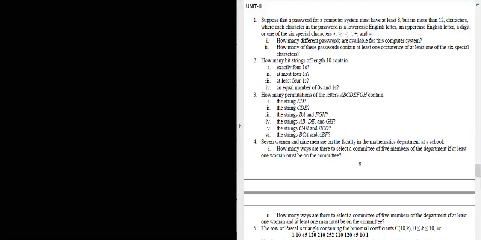Now, in this case, we are supposed to find out the different passwords, but now we have at least 8. So minimum length of the password is 8, or it can be 8 till 12, so not more than 12: 8, 9, 10, 11, 12. So this is the length of the password.